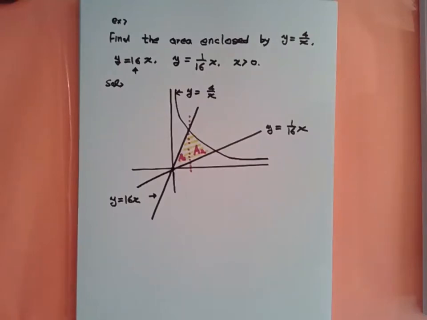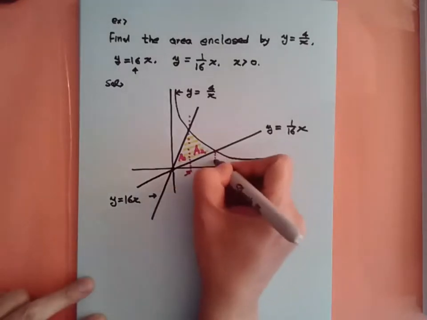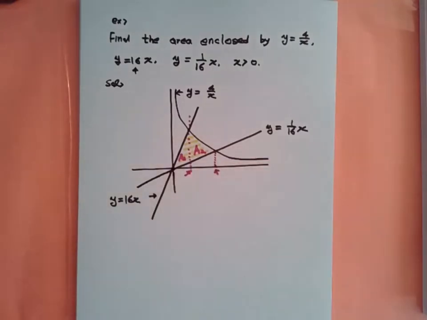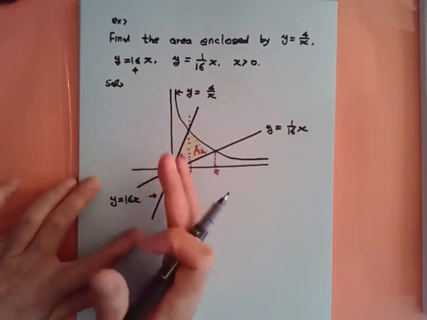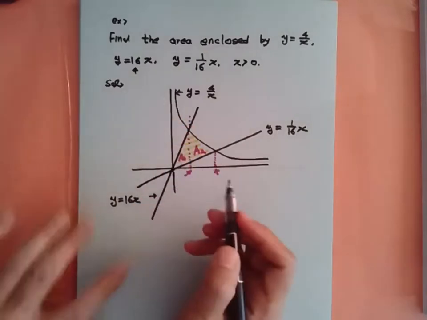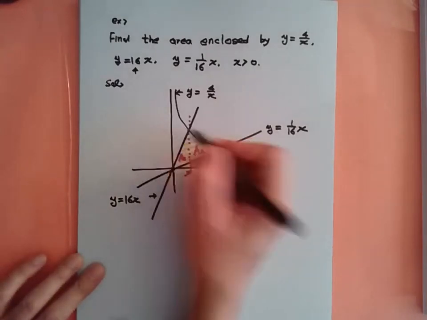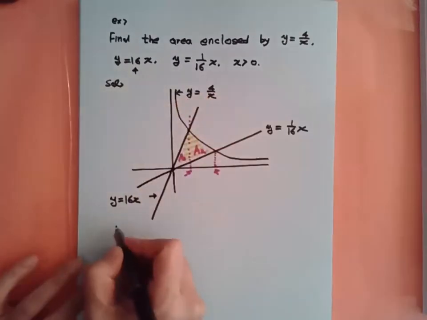So what we have to do is figure out this point and this point by calculating the intersection points. In this region, these 2 graphs are involved. So at the intersection point, y values must be the same.